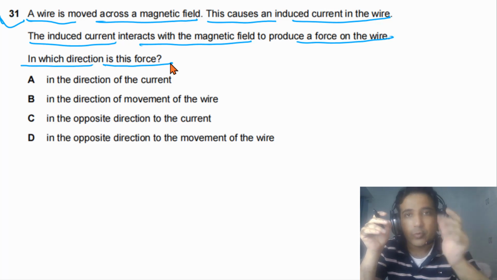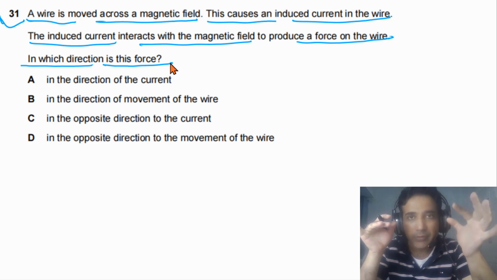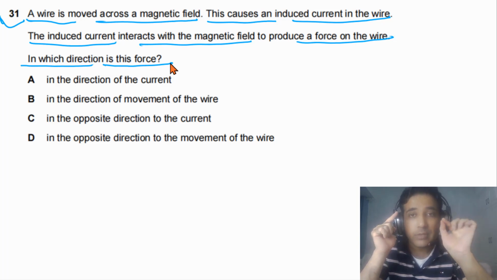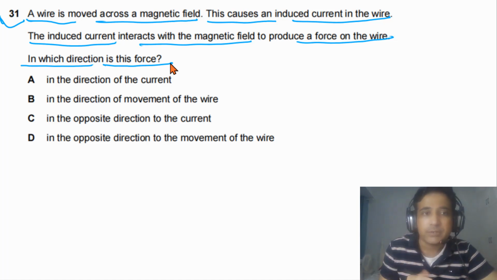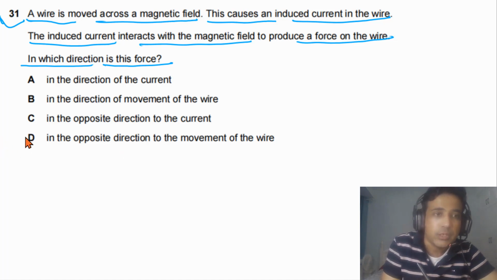When we move a wire in a magnetic field, there will be induced current. And due to the induced current, the wire will experience a magnetic force, and that force has to be opposite to the direction of motion of the wire to conserve energy, according to the law of conservation of energy. So if you have this understanding, you can simply choose this answer.